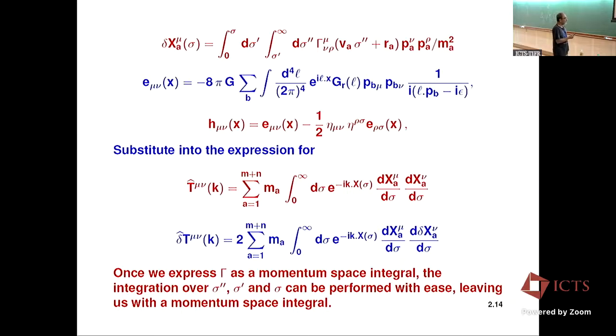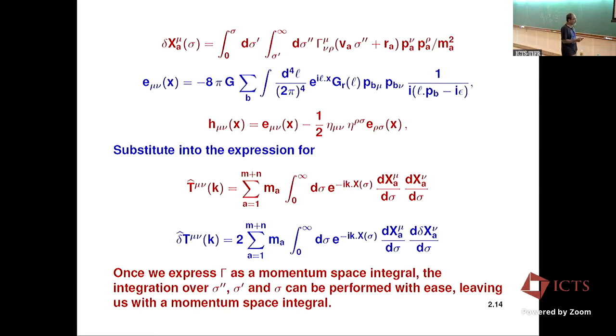So let me repeat again, right? This expression gives you how much T hat changes, and we have already found an expression for this, right? Because we have this. And gamma we can calculate because we know the expression for gamma in terms of E or H, and E and H have been determined at the level of the first iteration. So the idea is that we write everything in momentum space, okay?